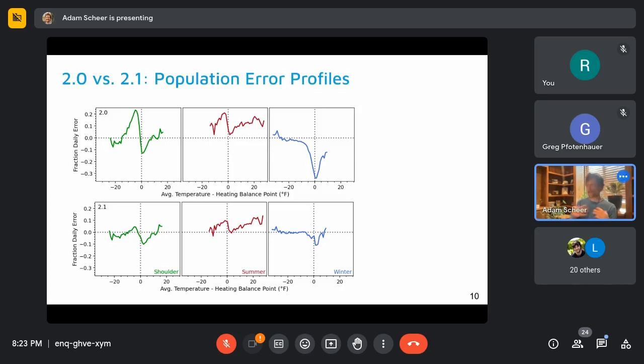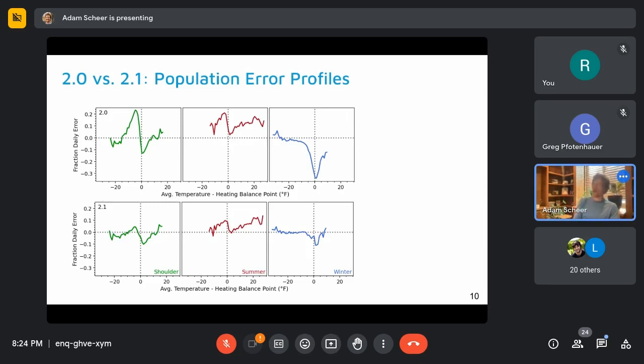Why is this? It's because people start heating their homes at higher average daily temperatures in the winter than they do in the summer. So if the average daily temperature is 60 degrees in the winter, somebody's prone to heating their home with gas, whereas that same exact temperature pattern in the summer will not yield heating.